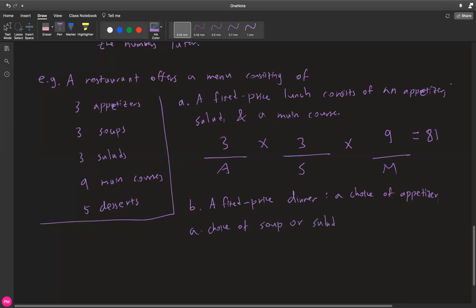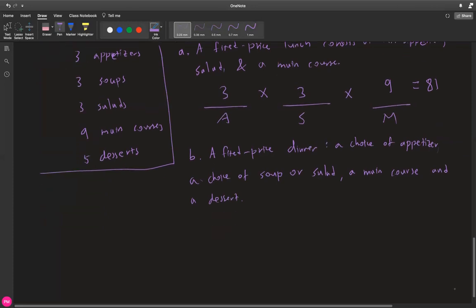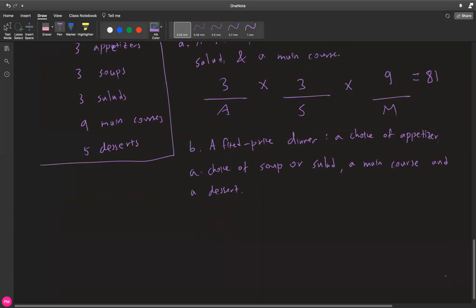So you can either choose soup or salad for this, and a main course, and the dessert. Then for this dinner menu, how many different ways can you order this?